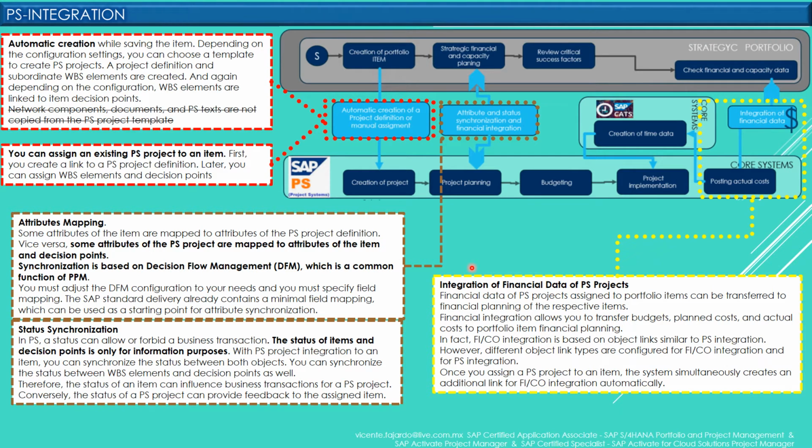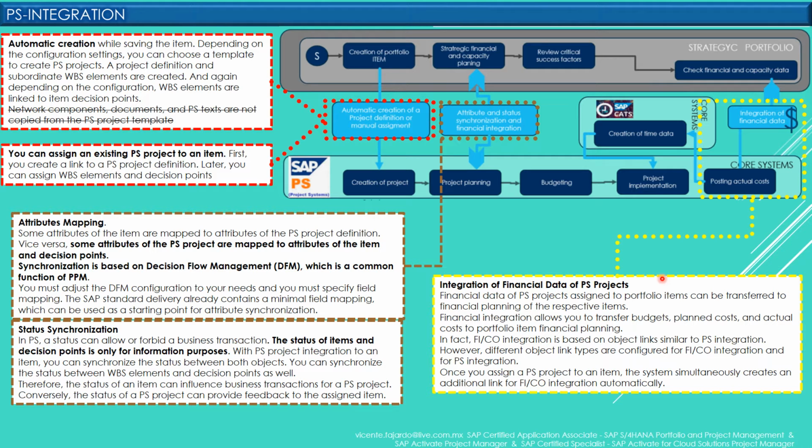Regarding the third integration, the yellow shape, integration of financial data of PS projects. Financial data of a PS project assigned to a portfolio item can be transferred to financial planning of the respective items.